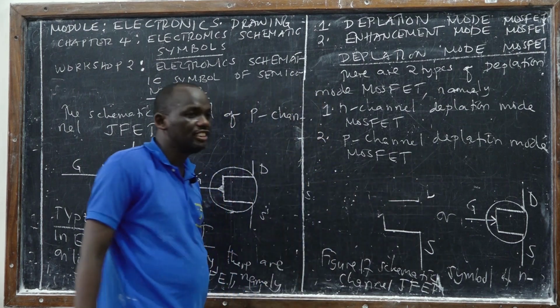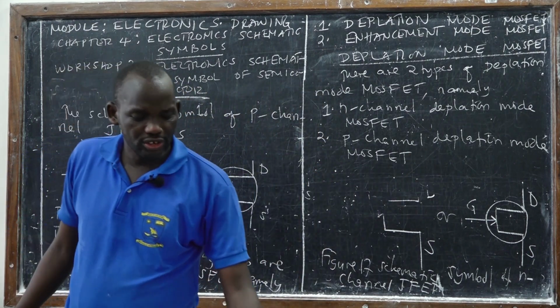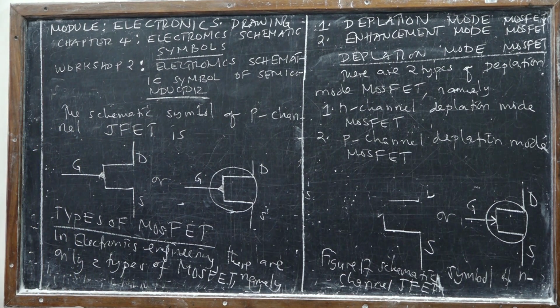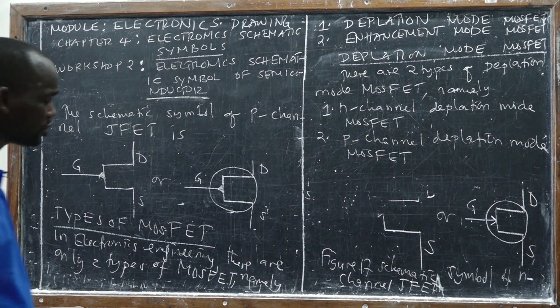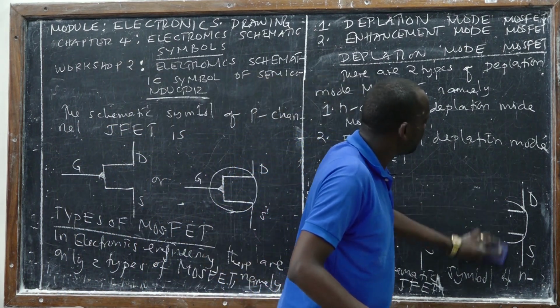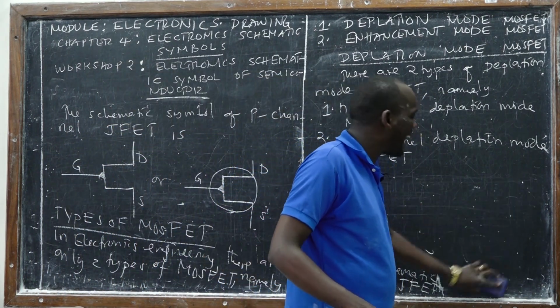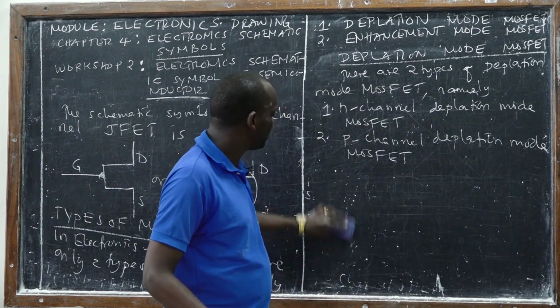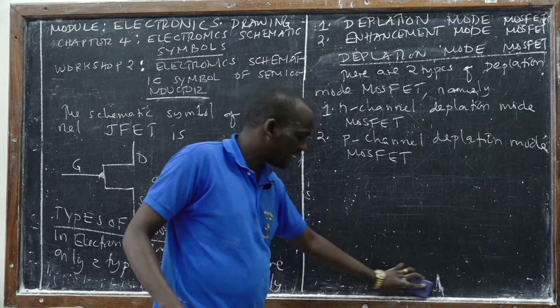So as I said, in depletion mode MOSFET, we have N channel depletion mode MOSFET and P channel depletion mode MOSFET. You have to understand the difference between them because these are the fastest electronic switching devices.